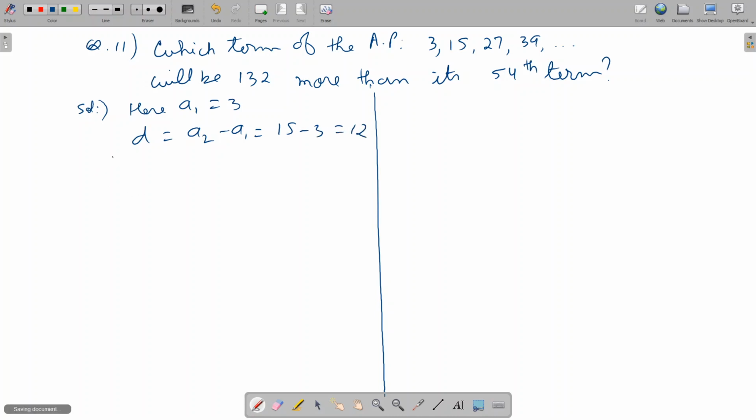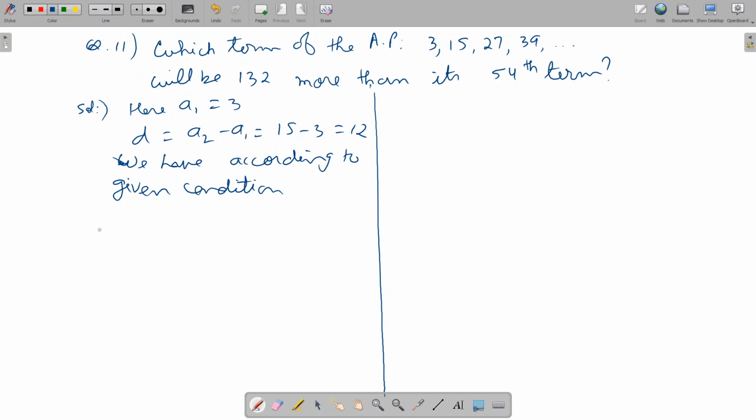According to the given condition, this term of the AP will be 132 more than its 54th term.